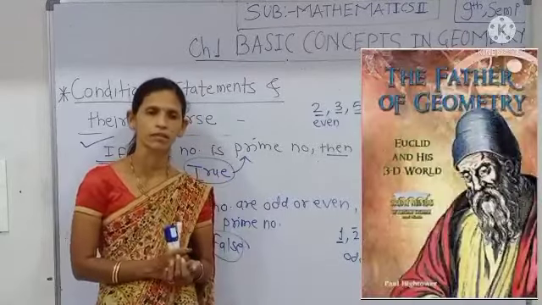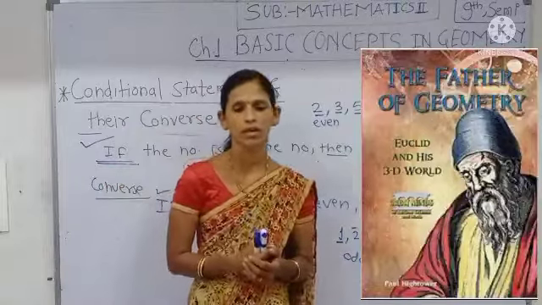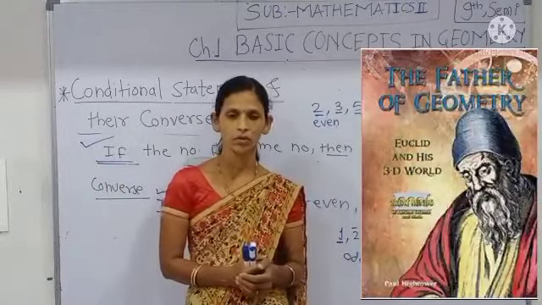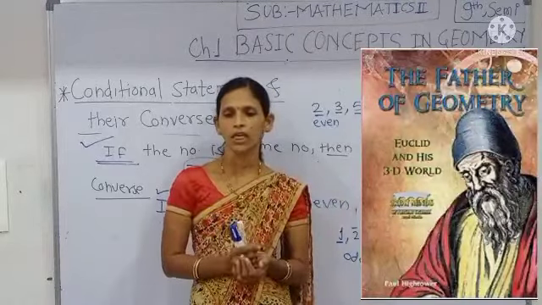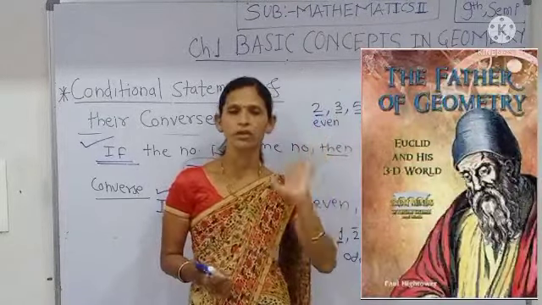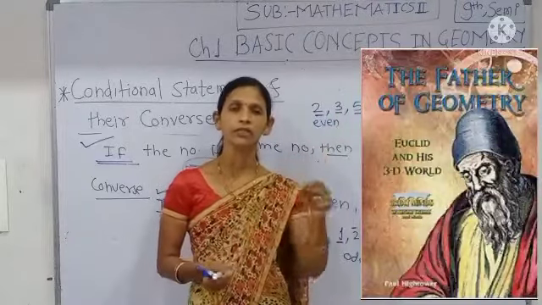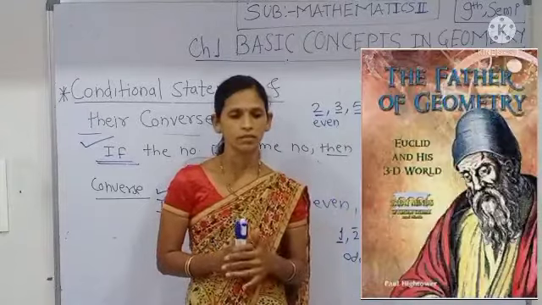Euclid is one of the mathematicians who gathered the knowledge of geometry in the 3rd century before the Christian era, that means 300 years BC.